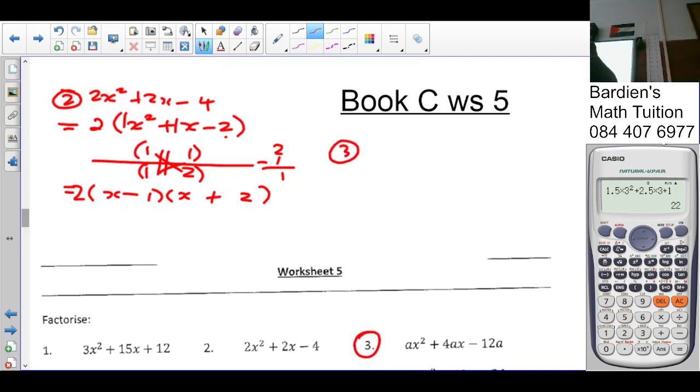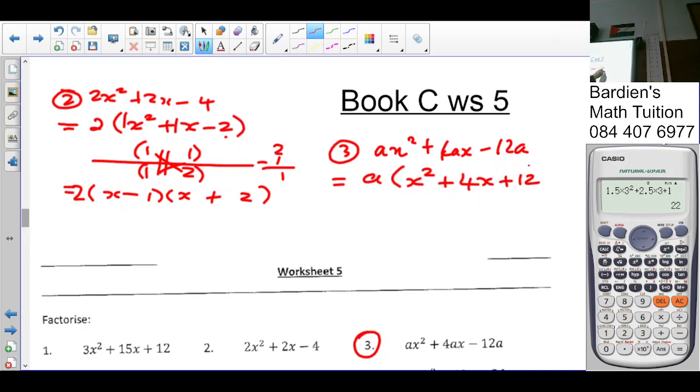Look at number 3, we have ax squared plus 4ax minus 12a. What do you notice here? The common factor of a. So what are we left with? X squared plus 4x minus 12. Now what?